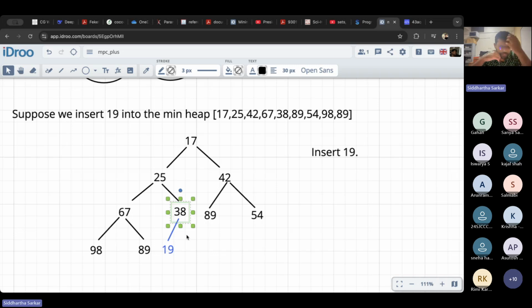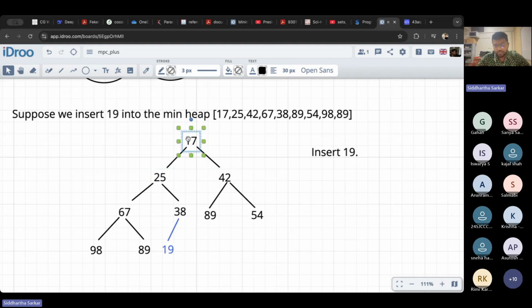So what is the min heap property? The min heap property is that if you look at a node, its children should be larger. So the parent should be smaller than the children. That is why the root node has the minimum number. It's not the parent of everything else, it's the parent of two nodes only.